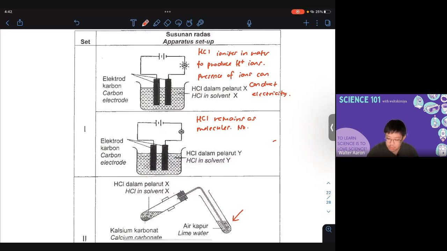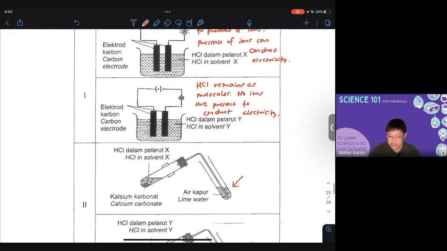You can say no ions are present to conduct electricity. Very easy for you in this case.